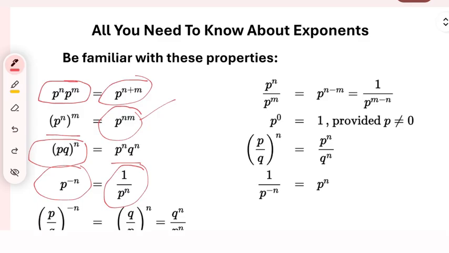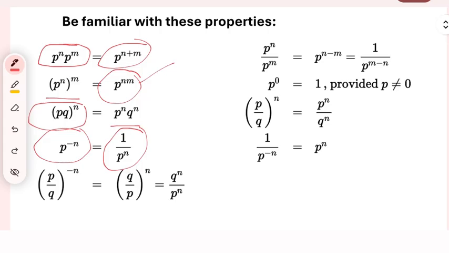If you have something like this one, you can make it positive as well. How do you make it positive? Look what happened. If it is p over q, you just reverse it as q over p, and the exponent becomes positive.